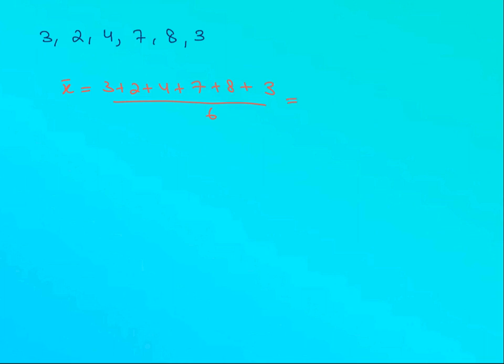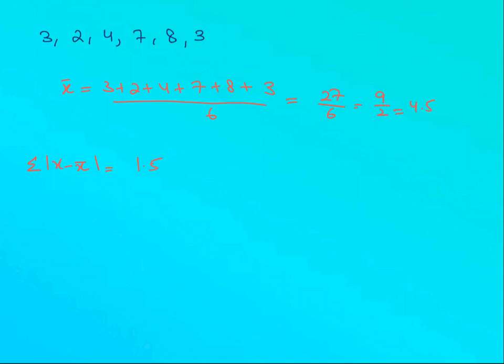So that's basically 9, 16, 20, 27 by 6, which is 9 by 2 or 4.5. Now what we do is we find x minus x bar. You can directly find the sum, just find these and add them. So if I talk about 3 minus 4.5, is minus 1.5. With mod it's 1.5.